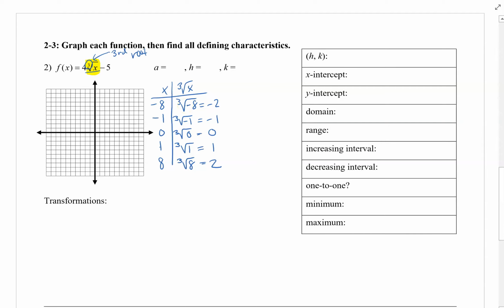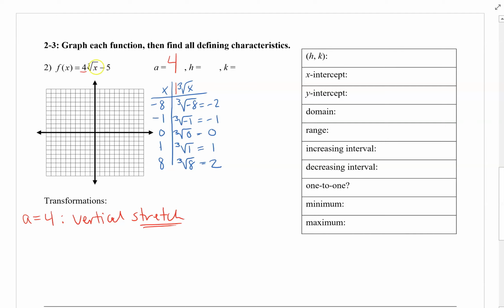Now what I'm going to do is come back to this equation and say, well, what is different about this equation from the parent function? Well, I can see that I have an a value of 4, right? This is an a value of 1, but this equation has an a value of 4. So that is going to create a vertical stretch. This graph is going to look much more stretched than the parent function does.